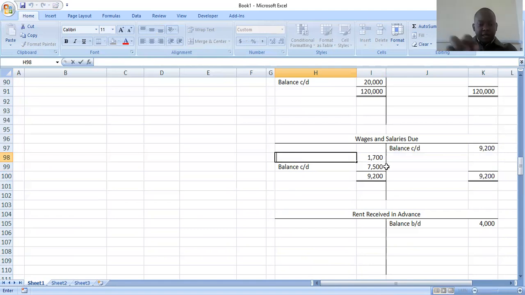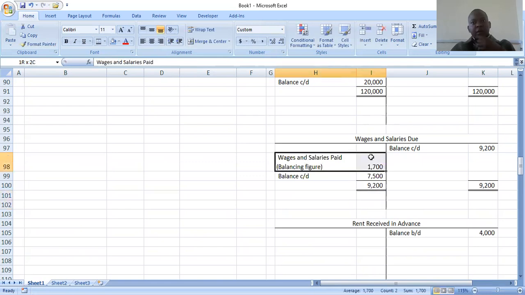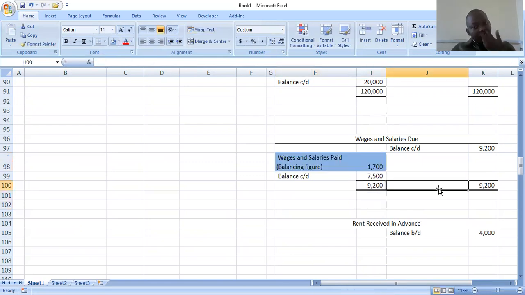So maybe I can indicate here that this is wages and salaries paid, and this should be the balancing figure. 1,700 is a balancing figure for wages and salaries.